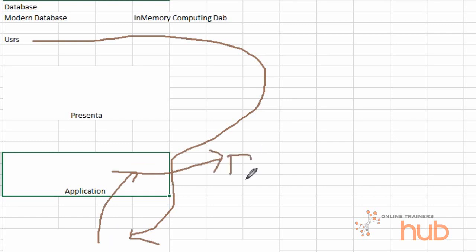This is where the processing of your information takes place, and the end results are given to the user through the presentation layer. This is generally what happens. So, you are with me, right, on what I am talking about here? Yeah.